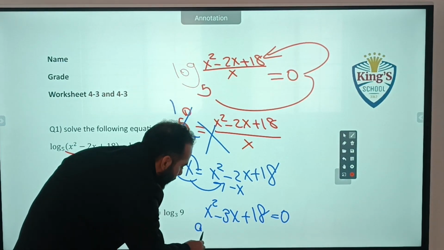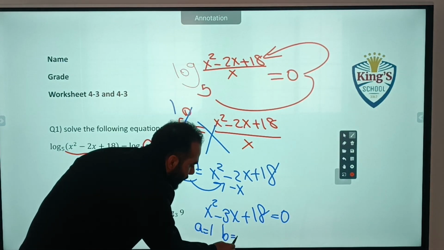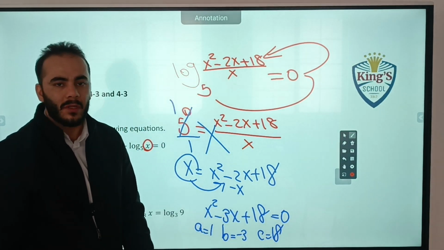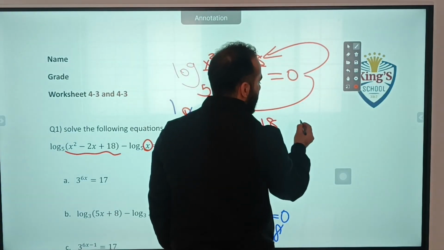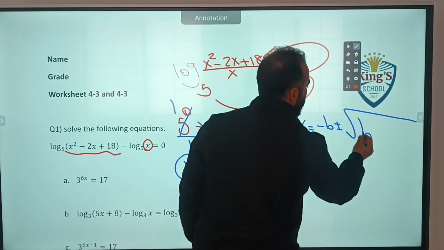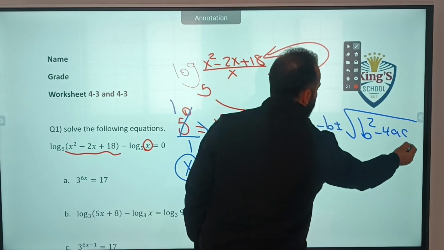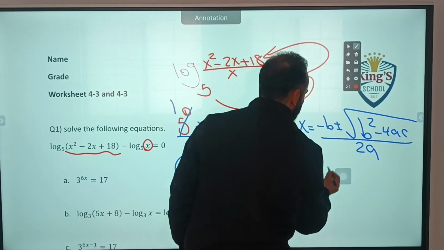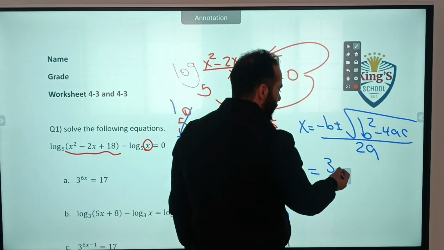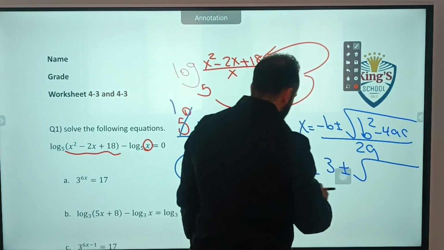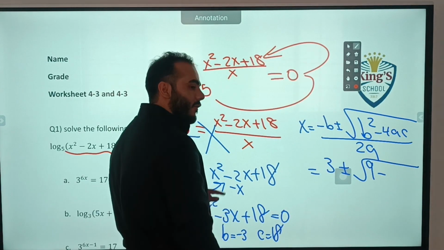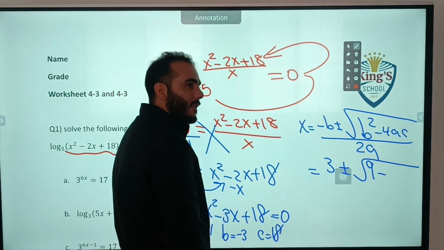What is a? 1. b is negative 3. c is 18. The quadratic formula says x equals negative b plus or minus the square root of b squared minus 4ac, over 2a, which equals 3 plus or minus the square root of 9 minus 4 times 1 times 18, which is 72, over 2.